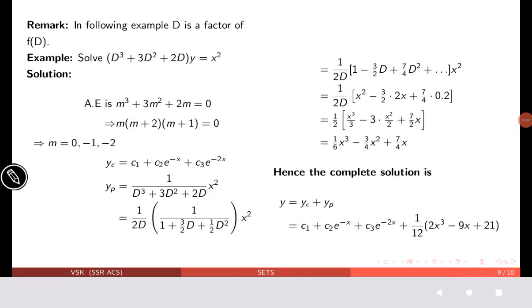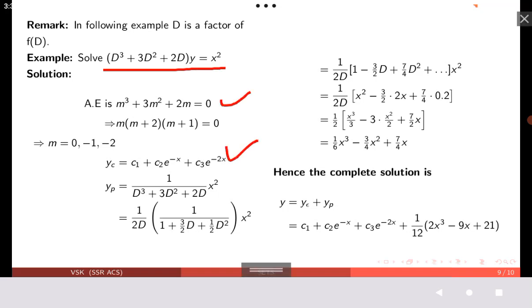Let us see one more example. Solve D cube plus 3D square plus 2D y is equal to x square. This is the auxiliary equation, this is the complementary function. We are interested particularly in the particular integral. So y p is like this. Now from here we have taken common 1 upon 2D. Why is this so?